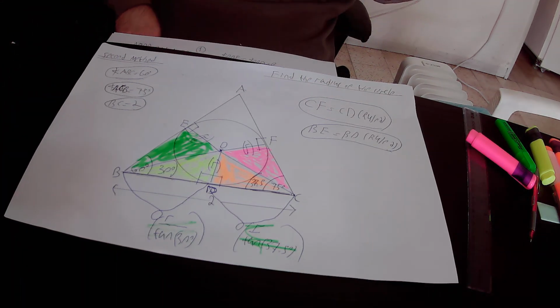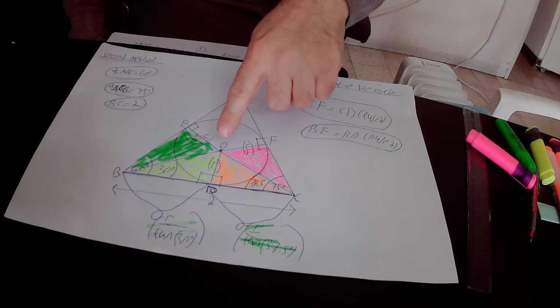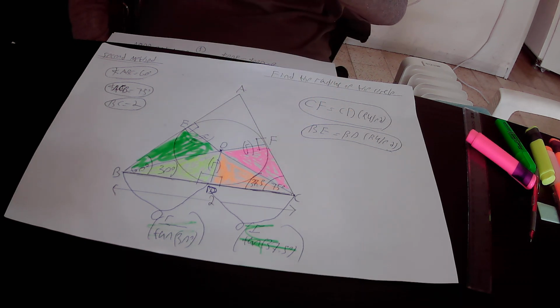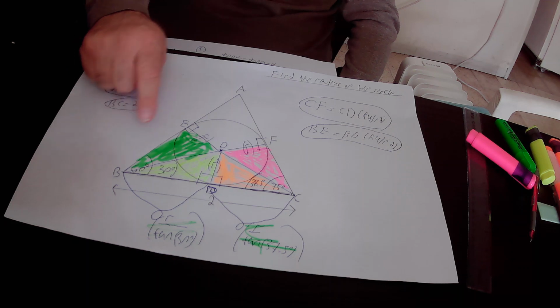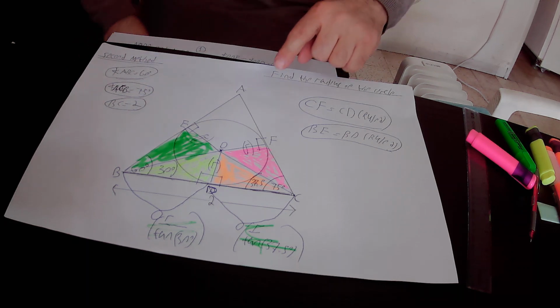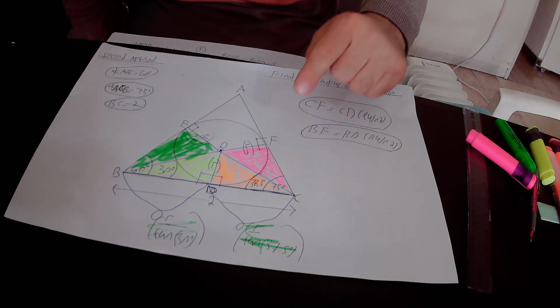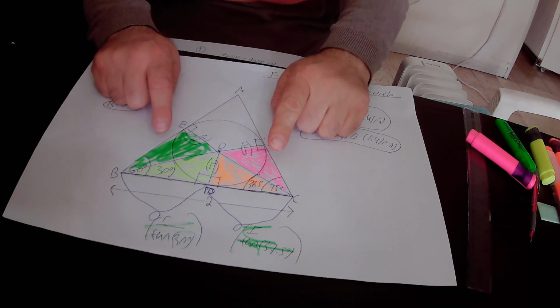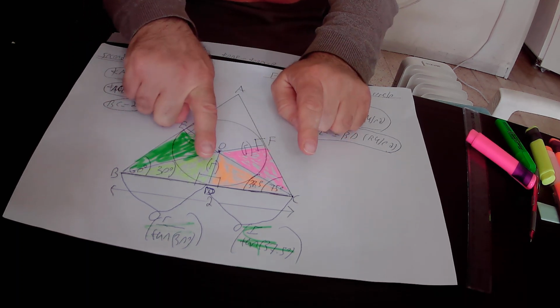In the second method, we define the center of this circle as O. We define the point of tangency of tangent AB with this circle as E. We define the point of tangency of tangent AC with this circle as F. And finally, we define the point of tangency of tangent BC with this circle as D.